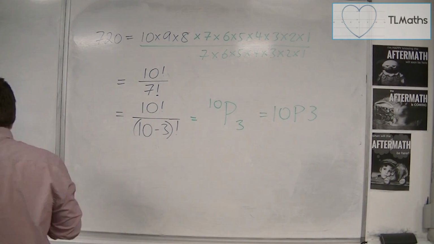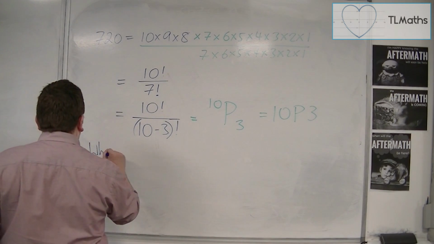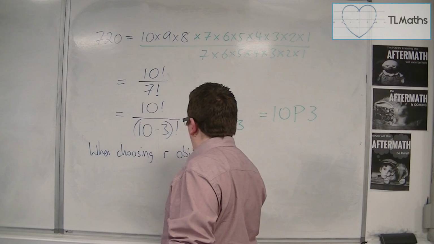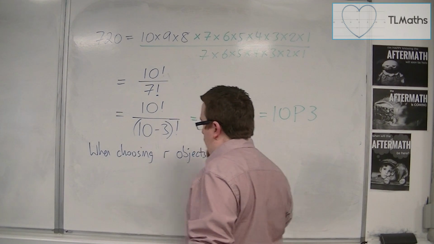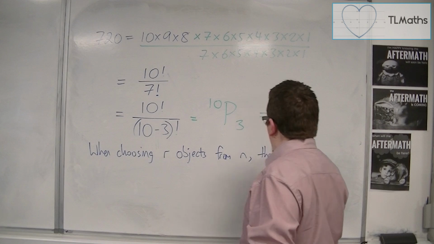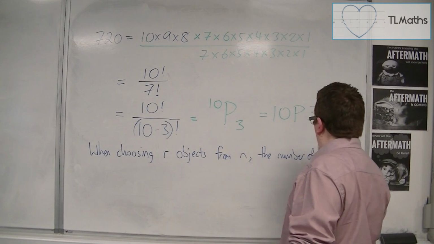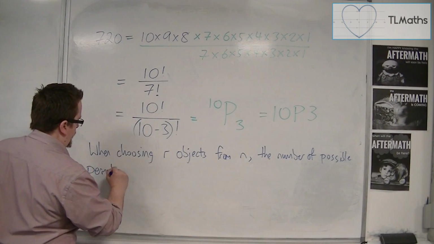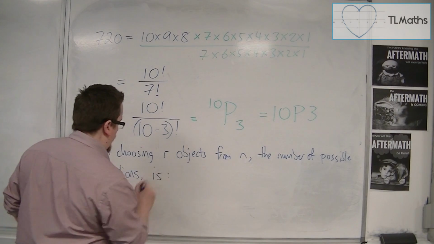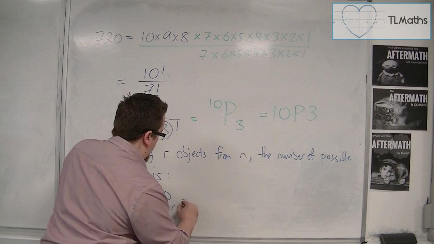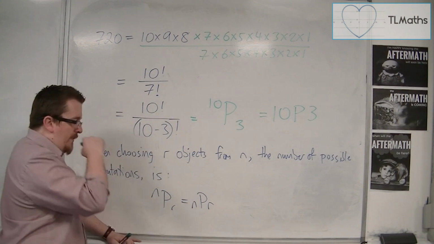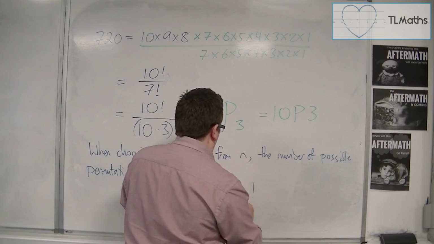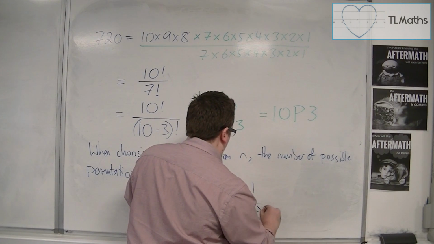So what it means is when choosing r objects from n, the number of possible permutations is nPr, in either of these formats, and in general it's written as n factorial over n minus r factorial.